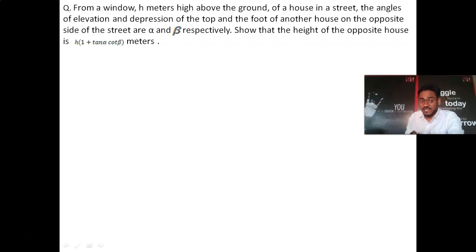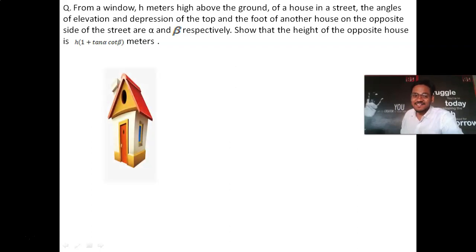See students, there is a house and there is another house opposite to the given house. Now there is a window h meters high above the ground. So let me take a house. You can check this blue window, this is h meters above the ground. So this denotes the height of the window from the ground. Let me denote this as h.